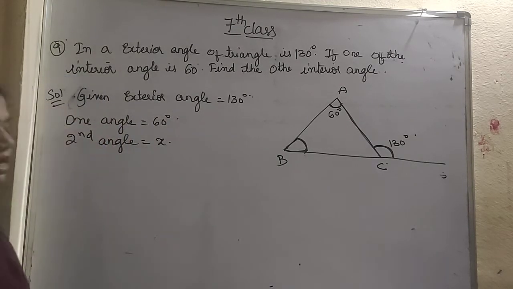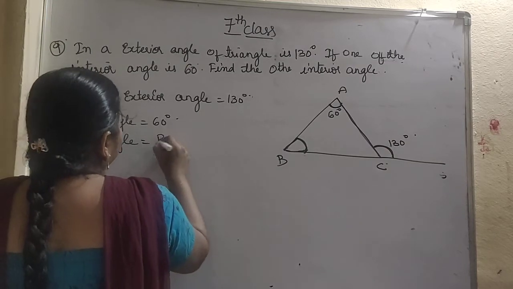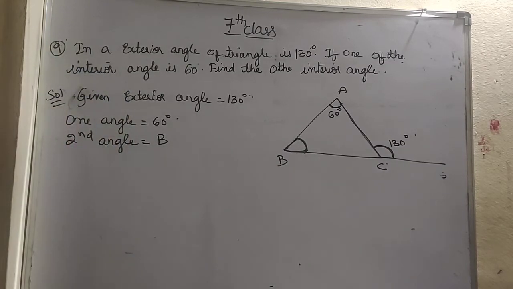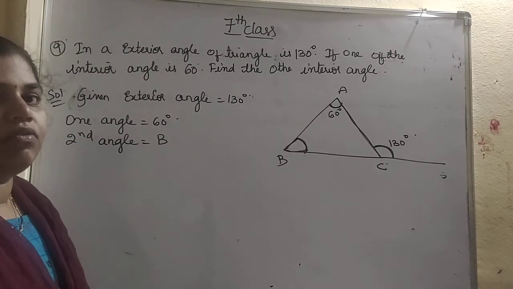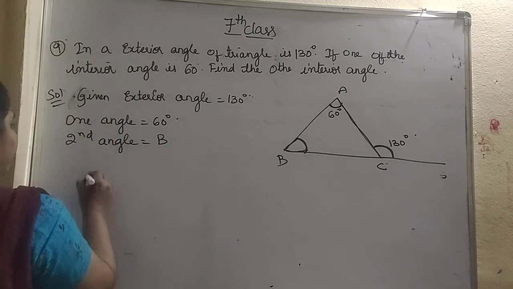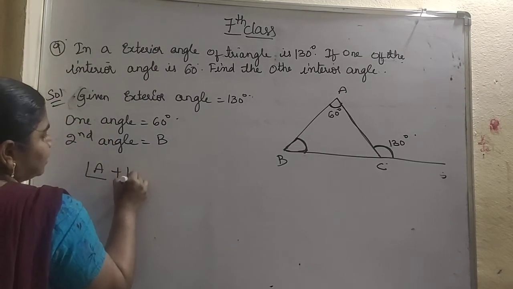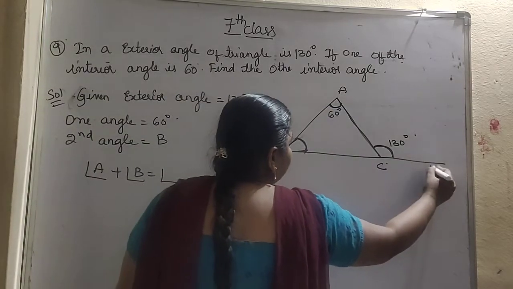I am taking it as X, or you can take it as B. By using the exterior angle property, we can write angle A plus angle B should be equal to angle ACD.